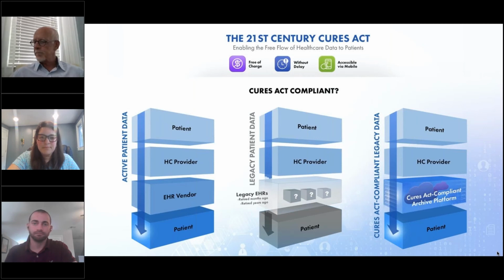Yes, there are. The first question is, can a disruptive and new technology like digital pathology be considered an EHR? I would say it contributes to EHR data. It is not in and of itself an EHR.